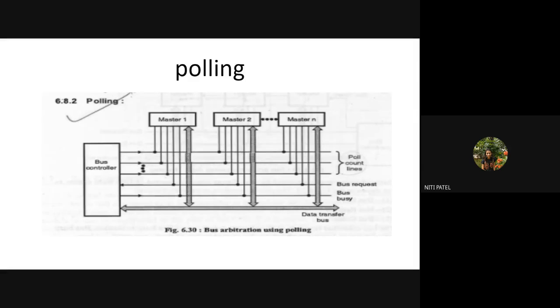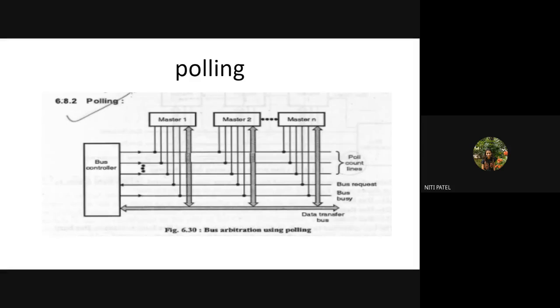If the address calculated by the bus controller is also 0000, since this address matches the poll count line address for master device 1, which was 0000, both addresses have been matched. Therefore the bus will be given to master 1, and then master 1 can use the data transfer line to transmit the data.